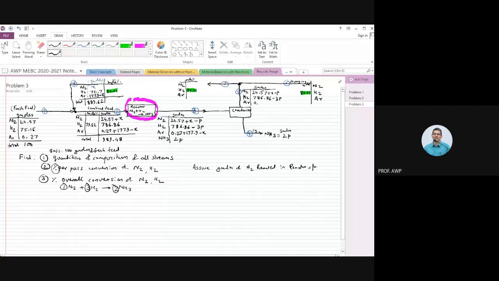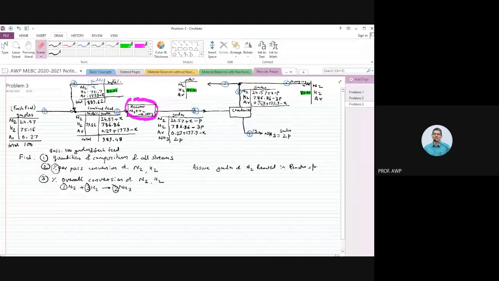Argon would be 0.27 plus 177.9 minus X, right? All the ammonia is removed. Now, in stream number 5, we also know that hydrogen is 80.01%.